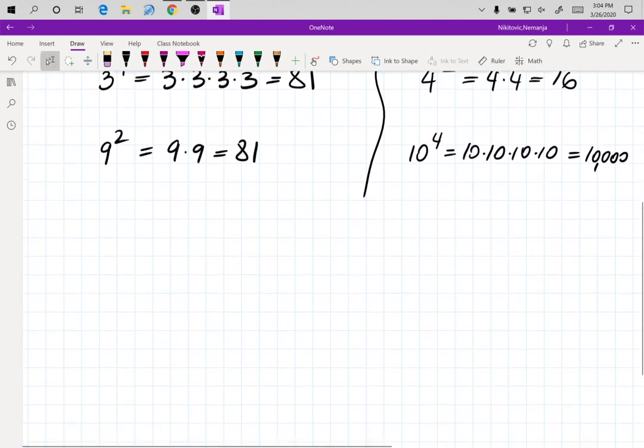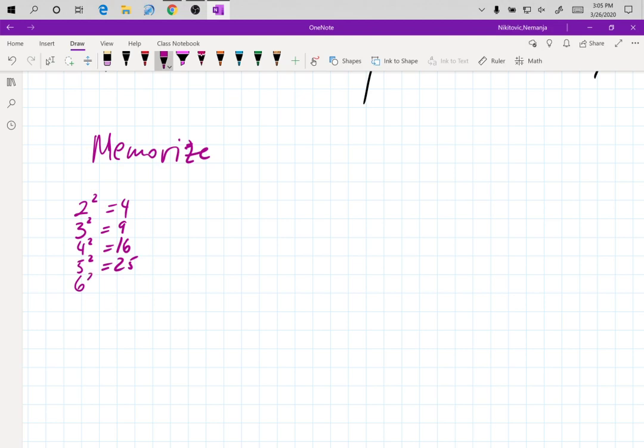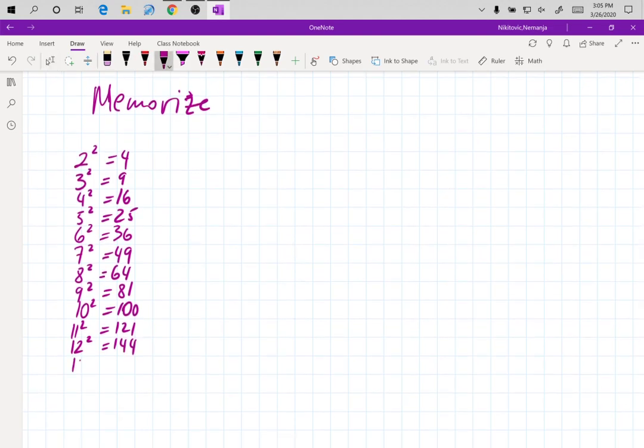A list of values that we usually memorize is: 2 squared is 4, 3 squared is 9, 4 squared is 16, 5 squared is 25, 6 squared is 36, 7 squared is 49, 8 squared is 64, 9 squared is 81, 10 squared is 100, 11 squared is 121, 12 squared is 144, 13 squared is 169, 14 squared is 196, and generally 15 squared is 225.